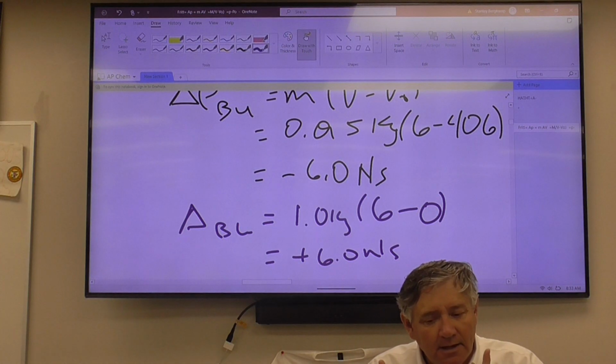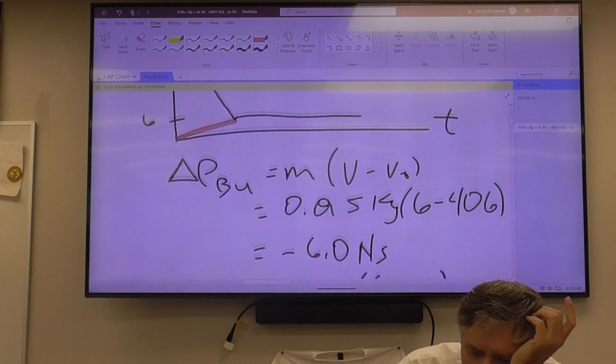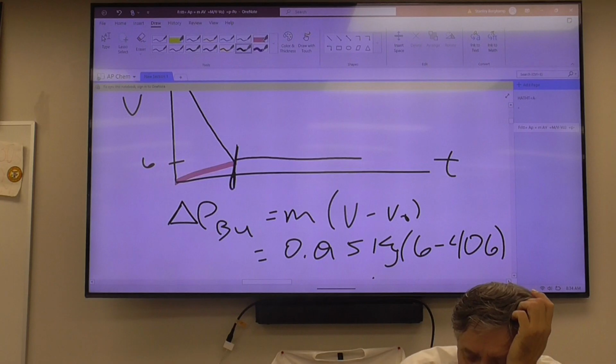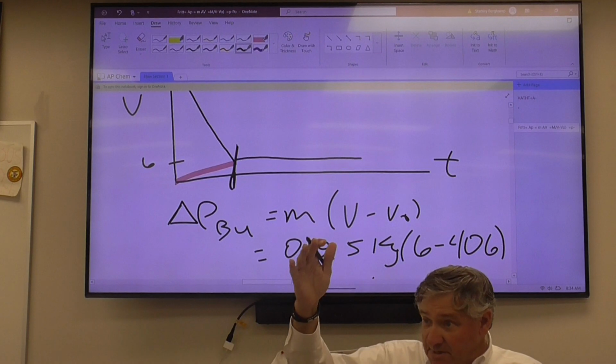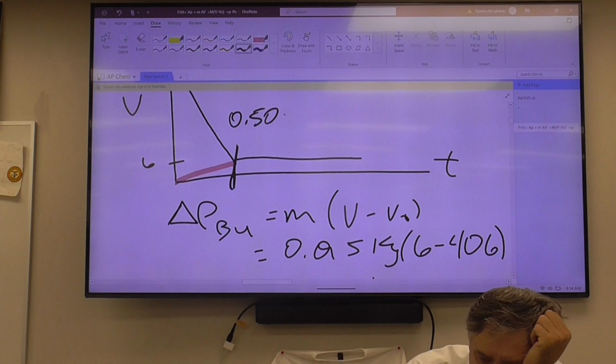Now, if we come up here and say, for the sake of argument, that the time it took for the block to speed up and for the bullet to slow down was a half a second.